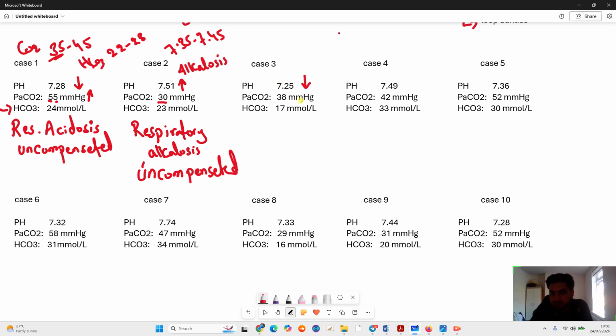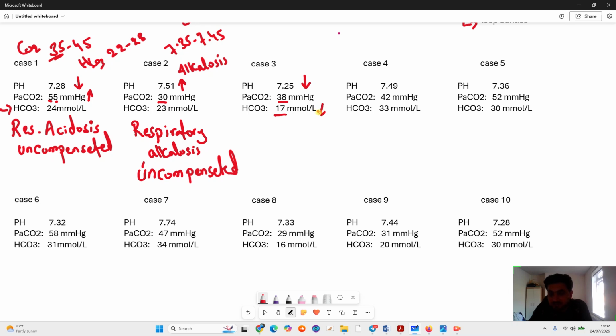Come to case 3. Look at the pH. The pH is less. It means acidosis. Look at the carbon dioxide level, 38. So it means it's in the normal range, because the normal range of carbon dioxide is 35 to 45. Look at the bicarbonate.